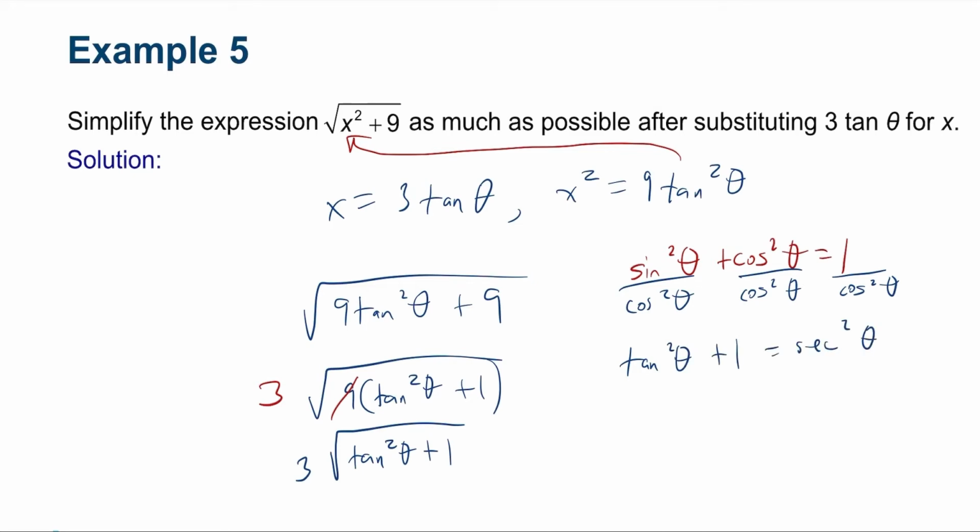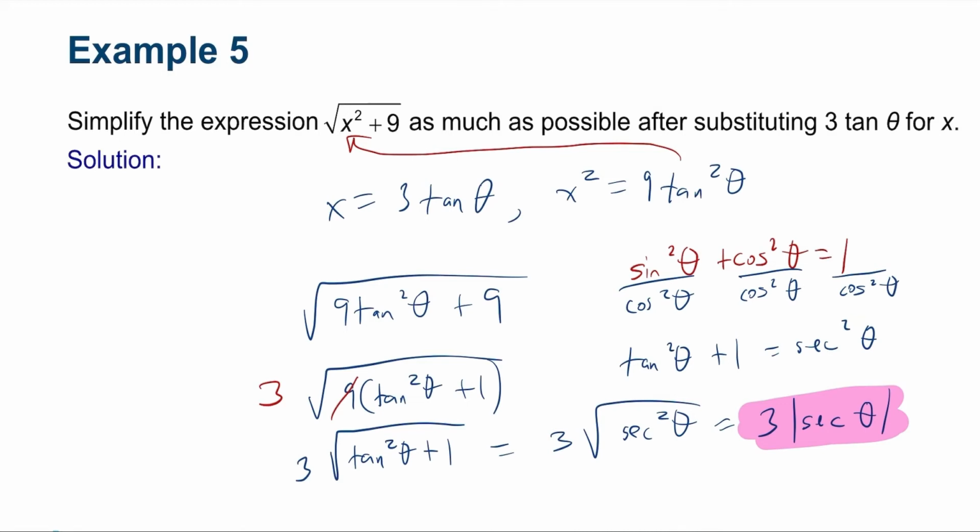All right, and therefore, now you can use this substitution, which is equal to secant squared. So this expression becomes 3 square root of secant squared theta, which is going to be the absolute value of secant theta. Absolute value because you can't really take the square root of a negative number, so that's why we have to make that an absolute value. So that would do it right there.